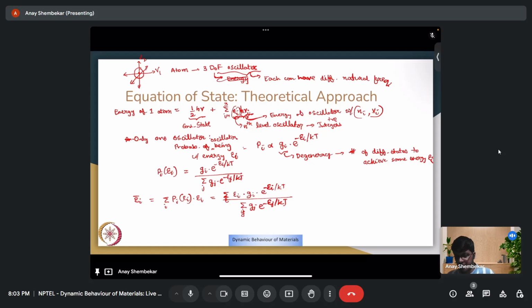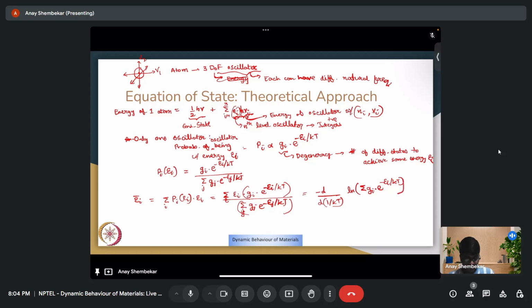So what we do is, this summation term that we have in the denominator, I can rewrite this as d upon d of (1 by kT) of log of the summation over j, or summation over i, either would work, of e raised to minus epsilon i by kT.